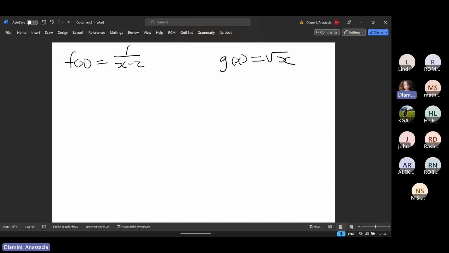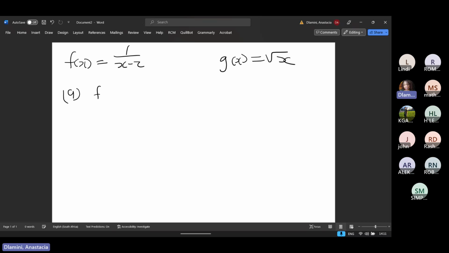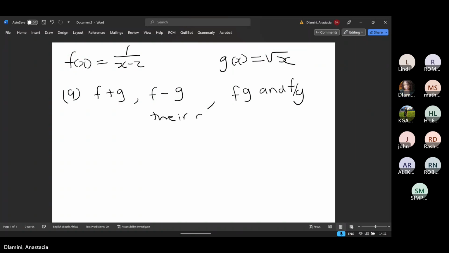They want us to find f plus g and its domain, f minus g and its domain, f times g and its domain, and f over g and its domain. Are we all clear on what we are supposed to do?